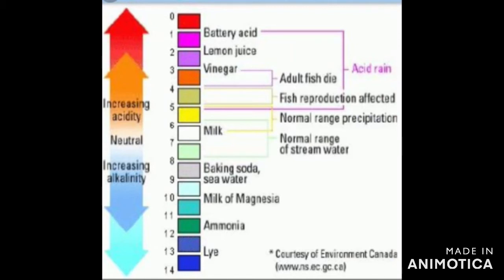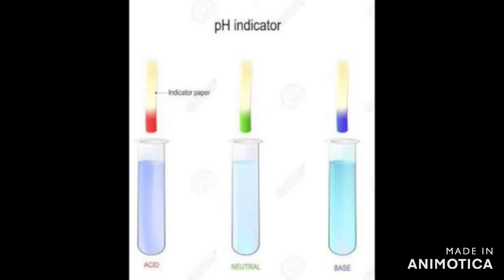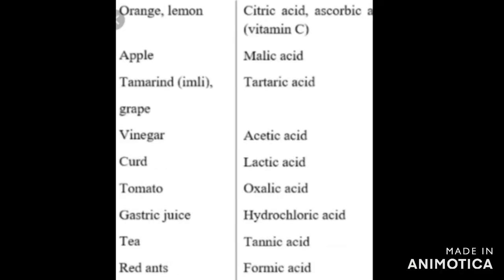These three are acidity, neutrality and alkalinity. That means acid, neutral and base. Now you can see the pH indicator. The indicator paper turns green when it is neutral, red when it is acid, and blue when it is base. So these are the pH indicators we can see.